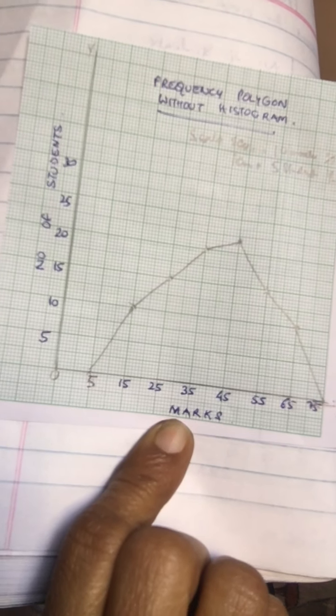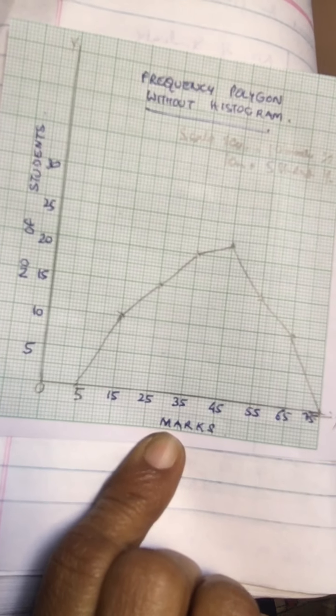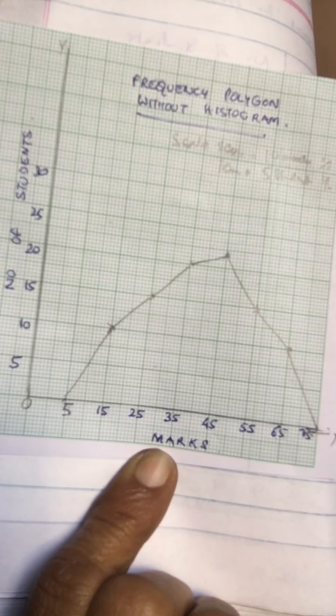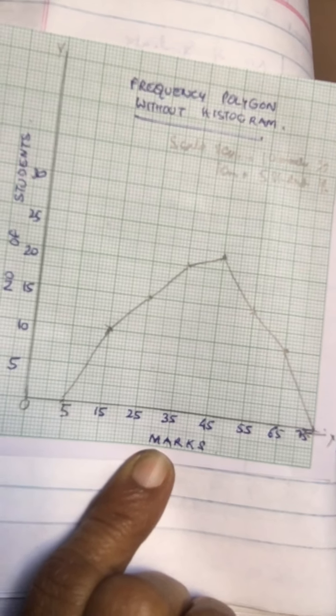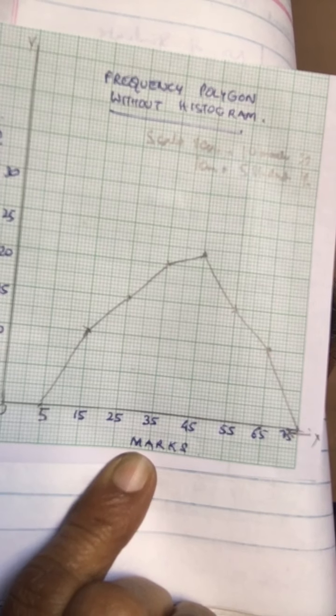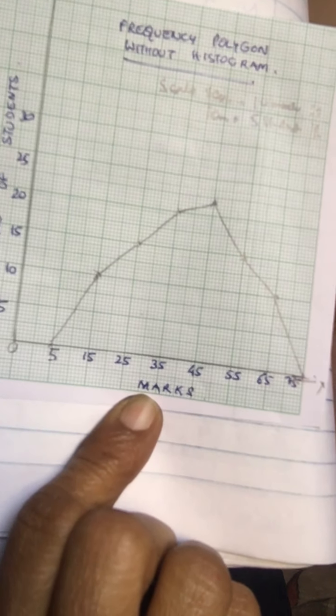In the end, we join the points for the midpoints by straight lines. At the end we joined 5 and we joined 75. So just grab a graph paper and make a histogram and make a polygon based on that, and then make a polygon without the histogram.